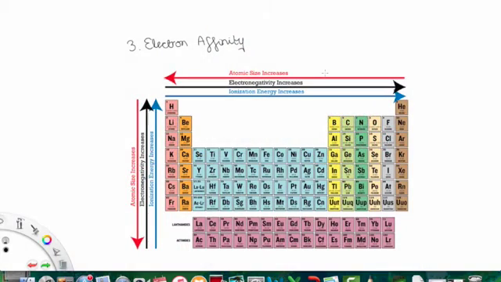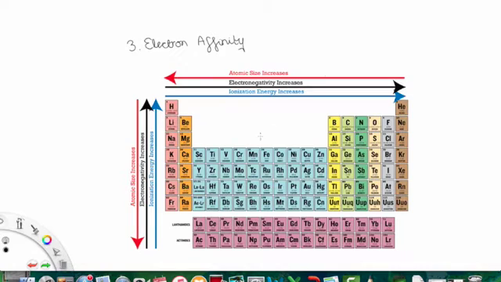So now let's talk about electron affinity. As the name suggests, electron affinity is the ability of an atom to accept an electron. But unlike electronegativity, which I'll talk about in a second, electron affinity is a quantitative measurement of the energy change that occurs when an electron is added to a neutral gas atom.